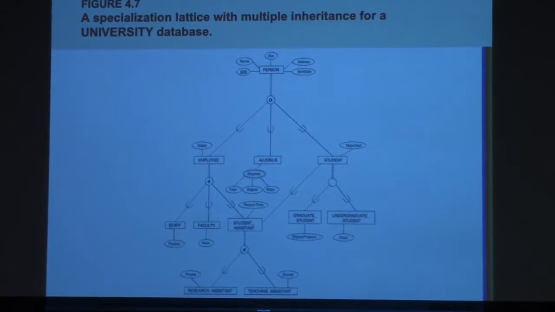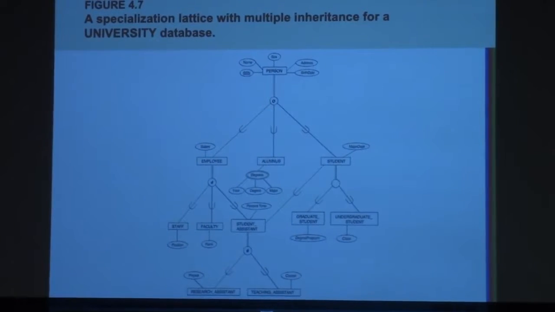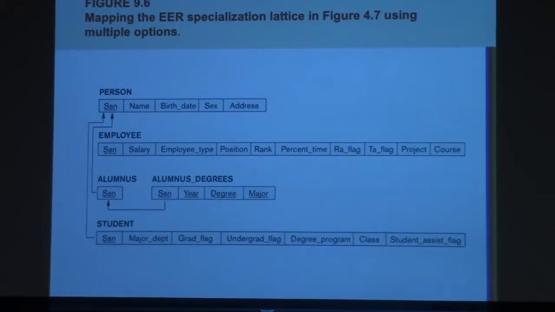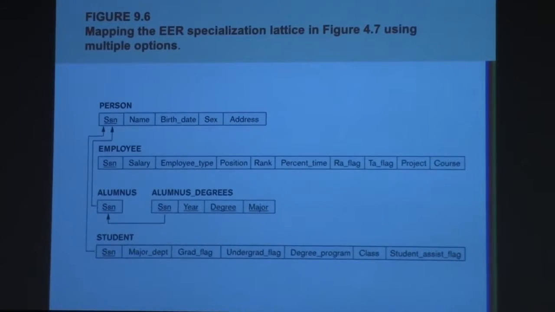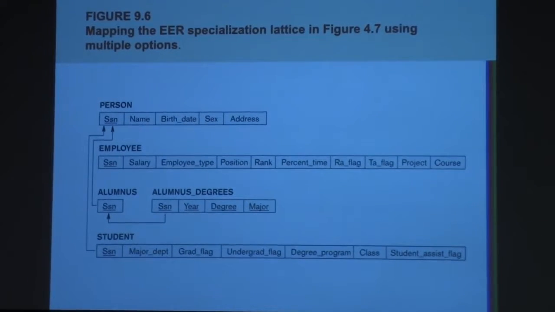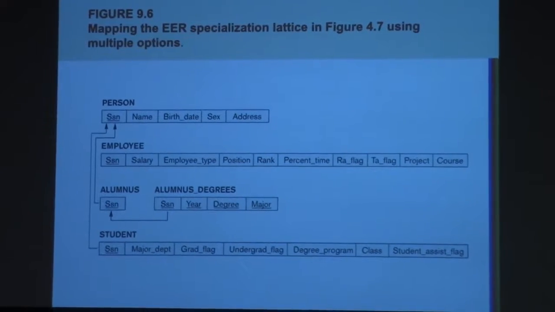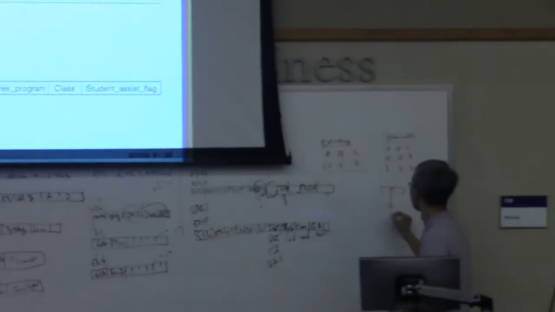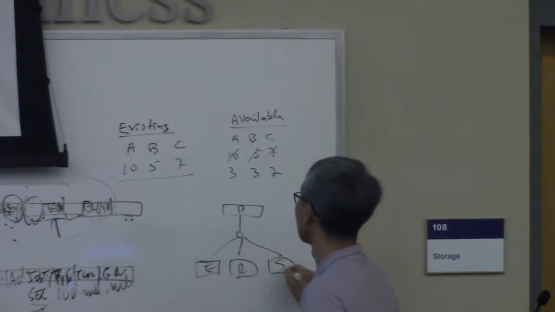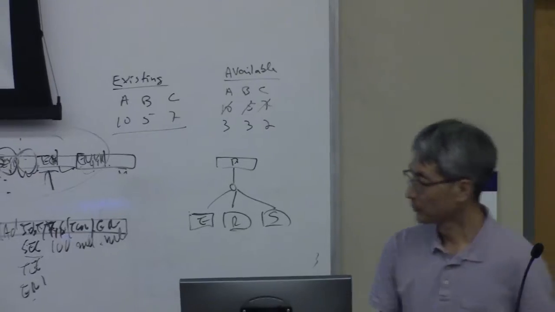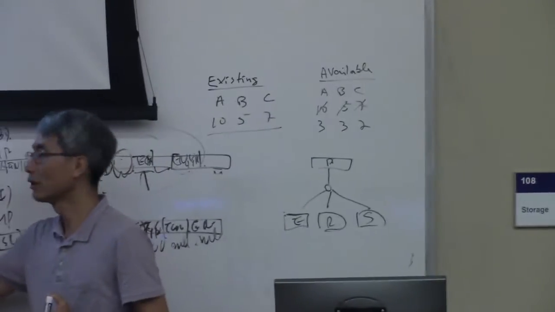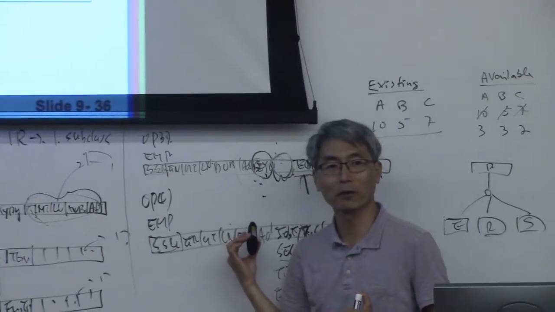Person, employee, alumnus, student. For this superclass and subclasses relationship, which option is selected? Option 1, option 2, option 3, option 4? For person, employee, and student, which option is selected? Option 1, option 2, option 3, or option 4?